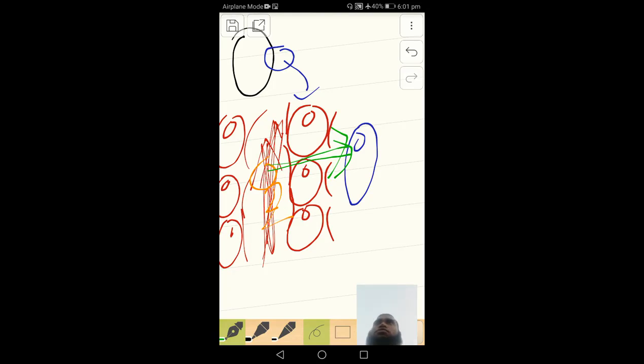Our cells are always very active and they need a lot of oxygen for survival, for which the capillaries are one cell thick and there is a lot of space between the cells so that material exchange becomes very easy.